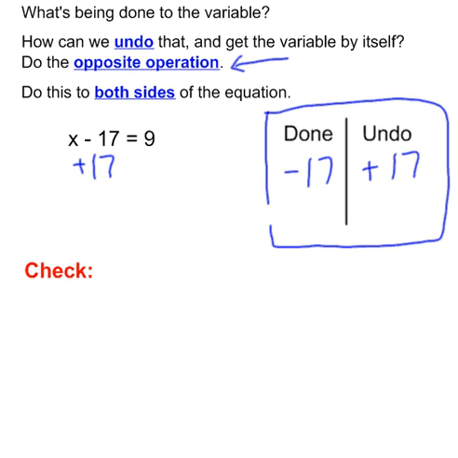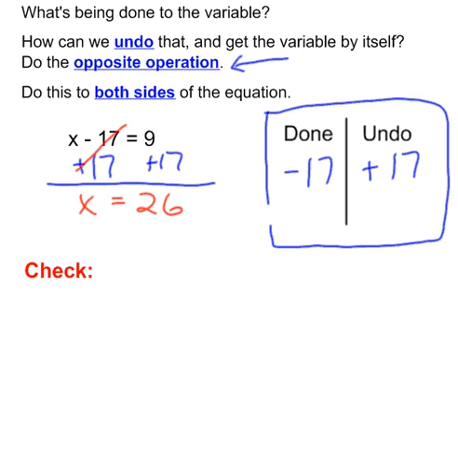So I'm going to do plus 17, plus 17, and then I'm going to write a new equation. These 17s cancel out, and I have x equals 26. So that's my solution because it looks like a solved equation. It's x equals some number. So I'm saying that the solution to that equation is 26.